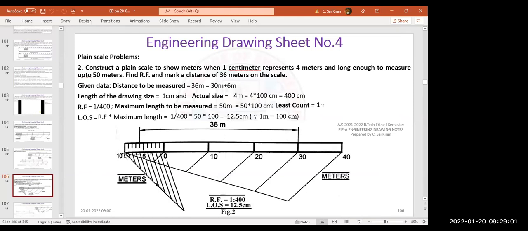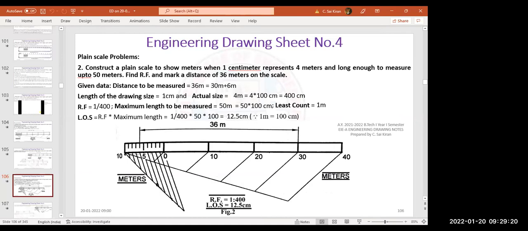So now the AB distance, the horizontal distance, is 12.5 centimeters. You have to draw a horizontal line of 12.5 centimeters, and you have to divide it into 50 parts, because the maximum length is 50. Dividing a line into 50 parts is difficult.